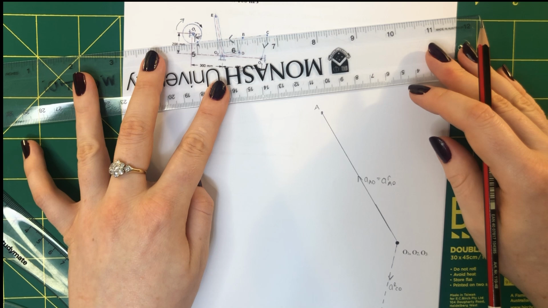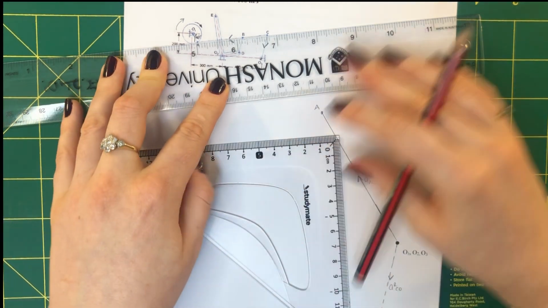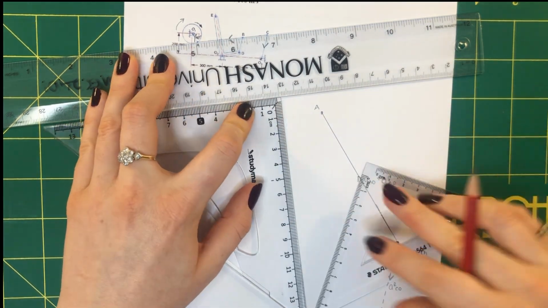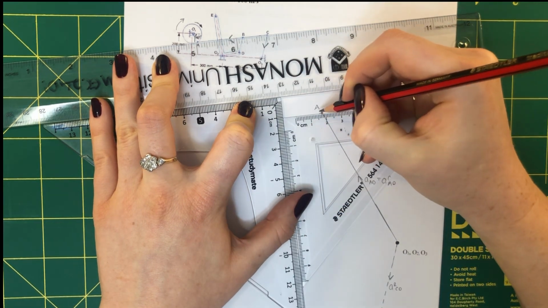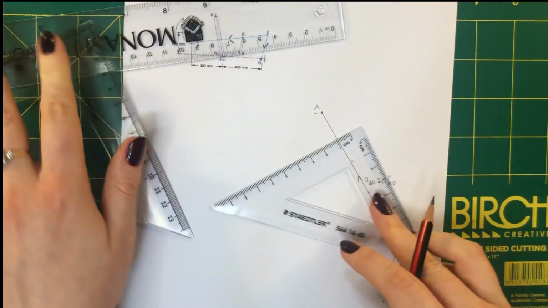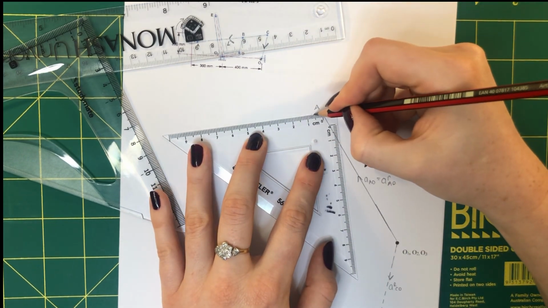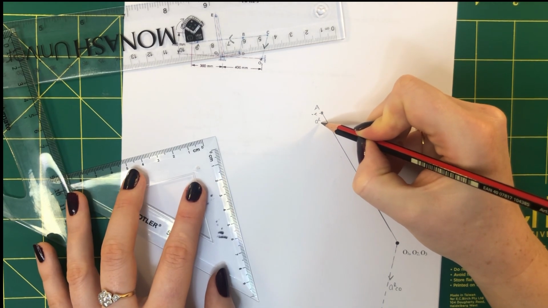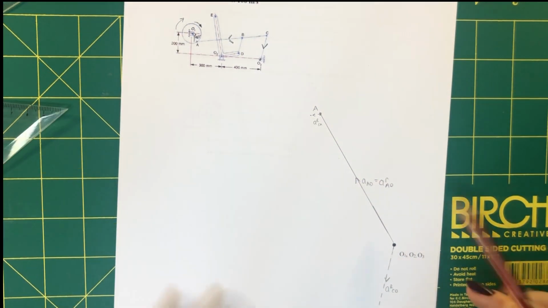So set square and parallel line. Now this line is only very small. It's going to be about 0.5 centimeter. I'm still going to label it radial CA. So there are my two radial lines.